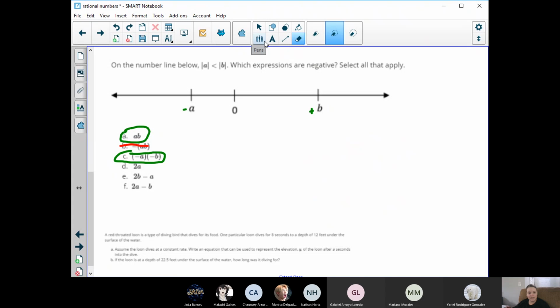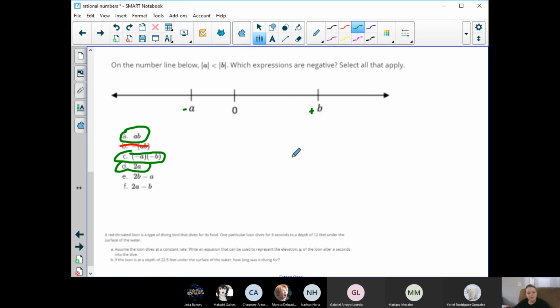So positive 2 times negative A. Is that going to be a positive or a negative? Right, it is going to be negative because we're taking a positive times a negative.